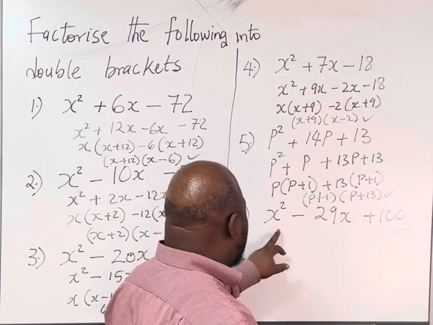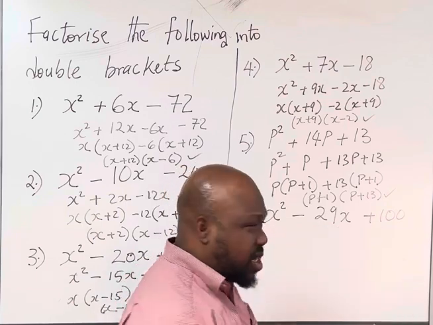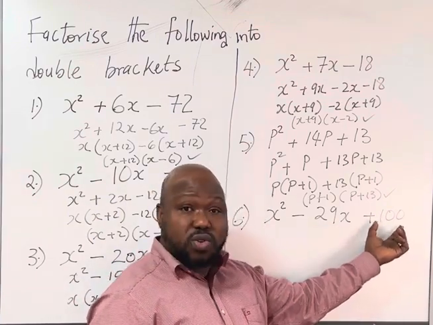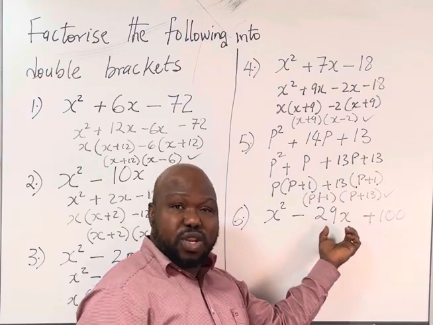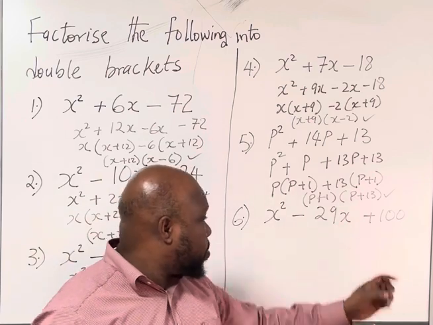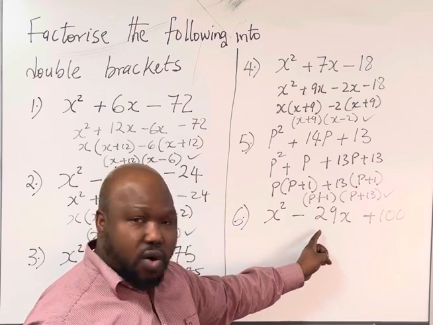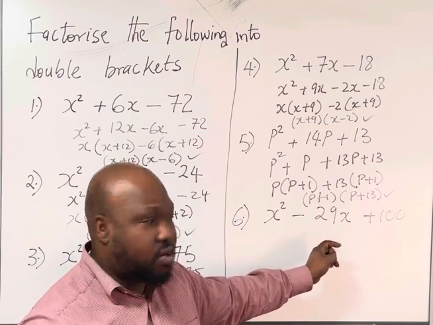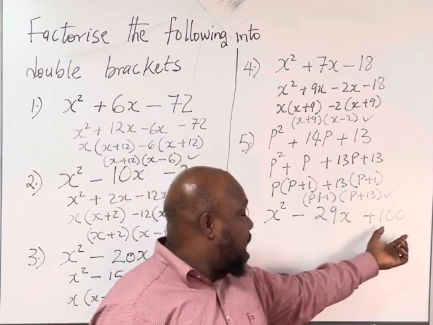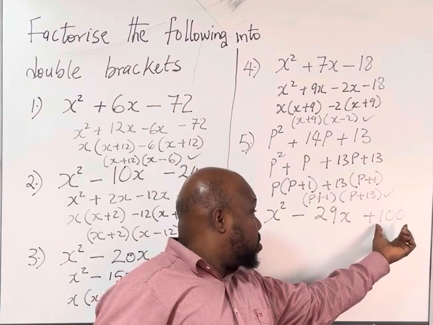The last one is x squared minus 29x plus 100. We look for two numbers again. When we multiply them together, they give us plus 100, but when we add them, they give us minus 29. Let's look at, for example, 25 and 4. Minus 25 minus 4 gives us minus 29, and minus 25 multiplied by minus 4 gives us plus 100.